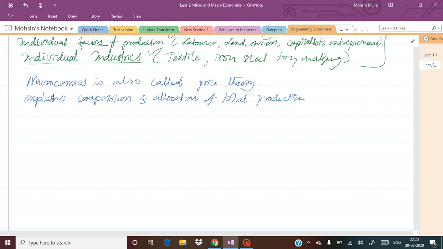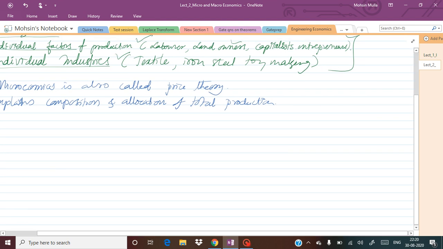Macroeconomics is the production level economics, income theory.